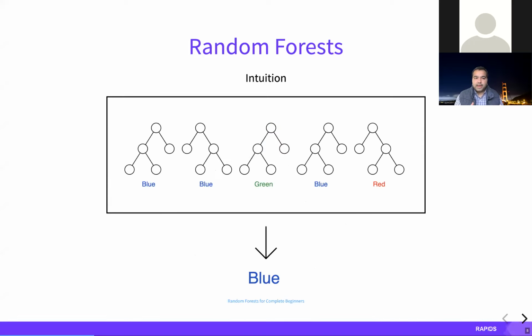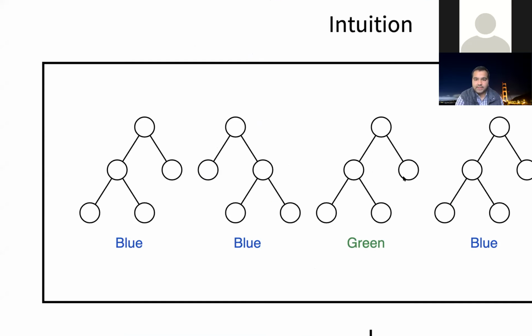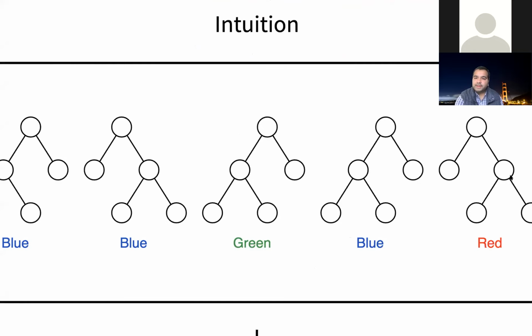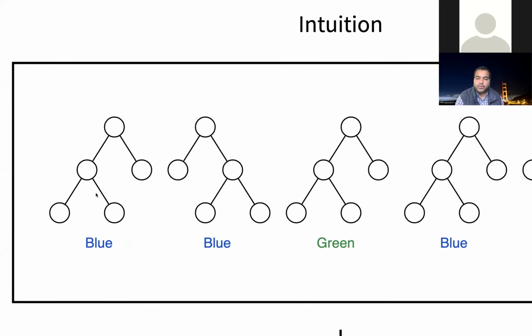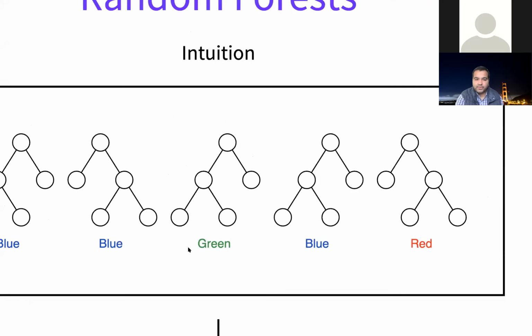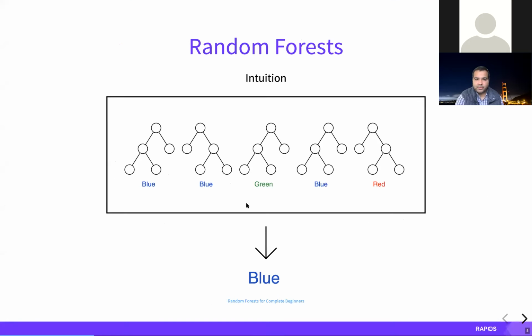The idea is to have these small decision trees and have each of them exist independently. Whenever an unknown sample comes in, we would like to make a decision out of each such tree. For this example, this tree decides that the unknown sample is blue. And we have 3 blue decisions, 1 green and 1 red.